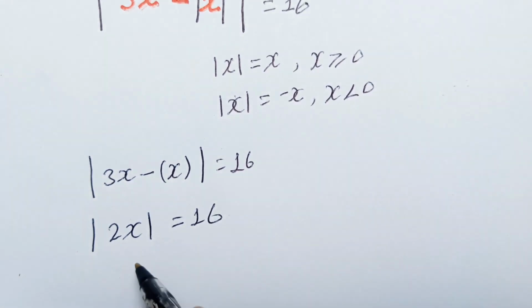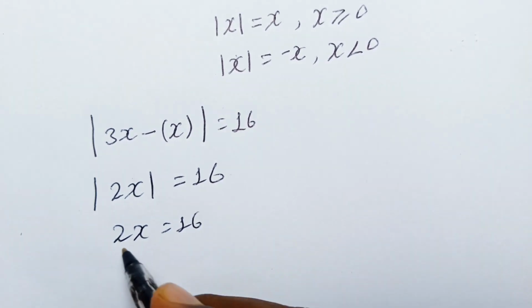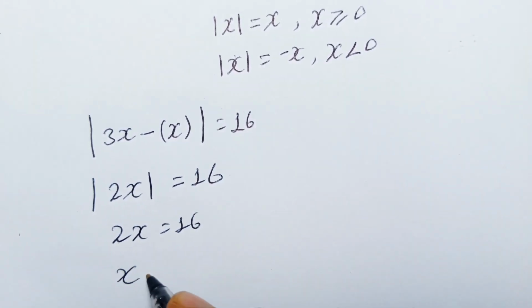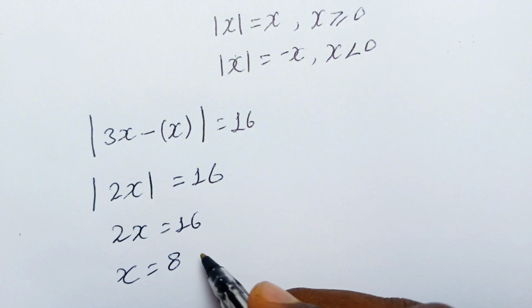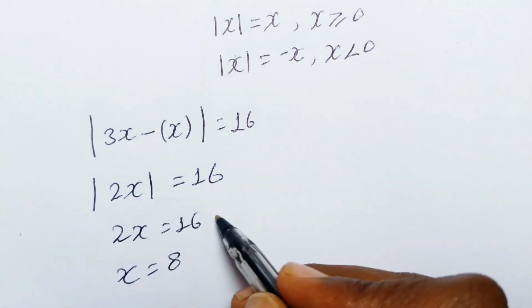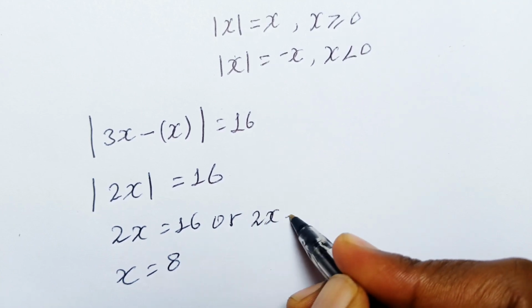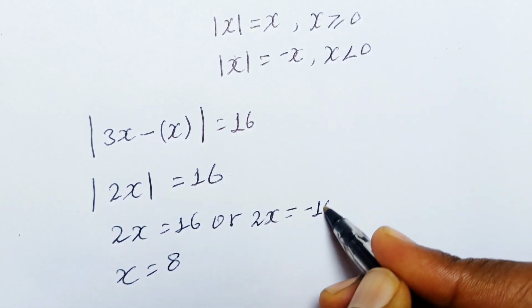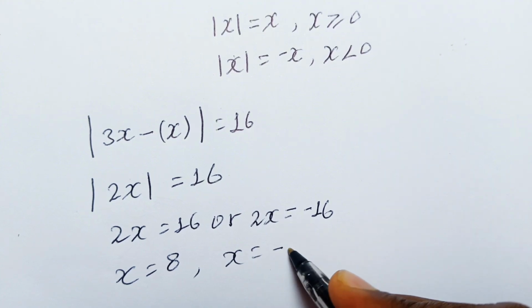So 2x equals 16, divide both sides by 2, x equals 8, or 2x equals minus 16, so x equals minus 8.